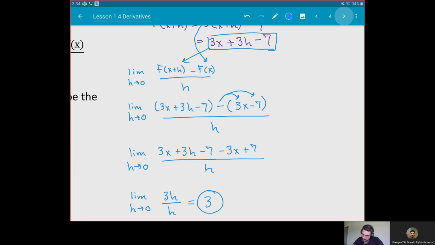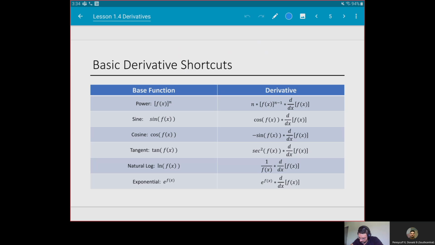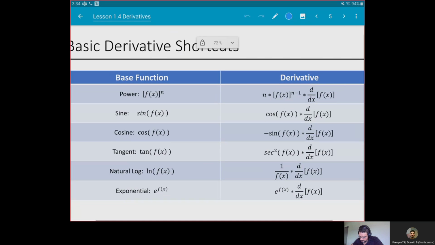Okay. All right. So right here, we have some of the shortcuts that you guys talked about in Calculus 1, and I'm going to add a couple more.